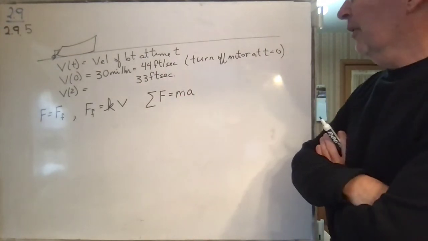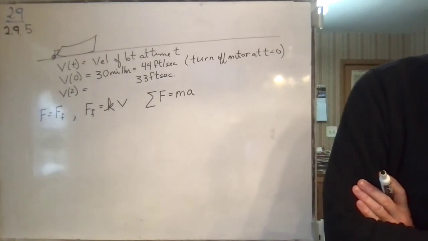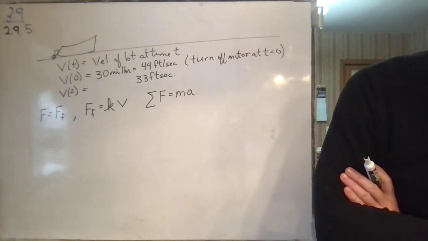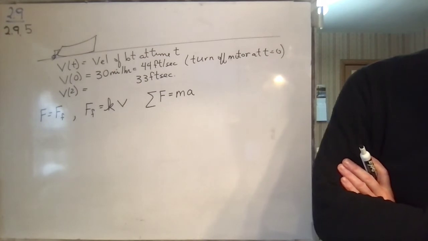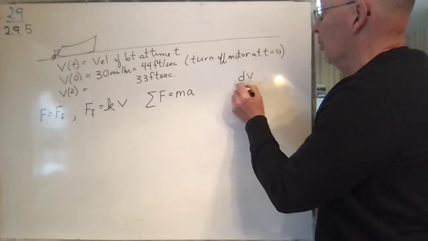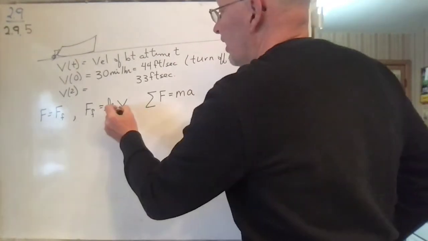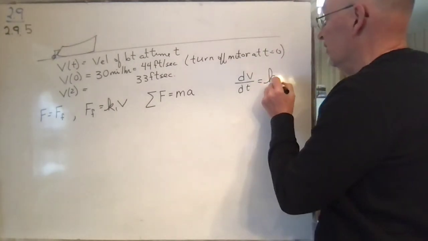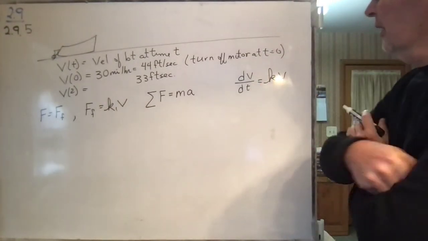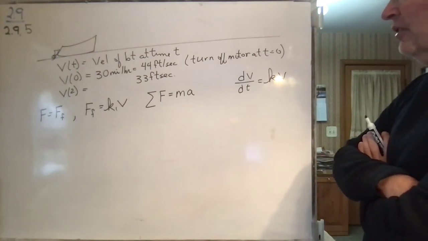So those are all the things you know, and now you need to prove that you've got something of the form dv/dt is equal to k times v. We need to get a differential equation like that. And the question is, how can we do it?